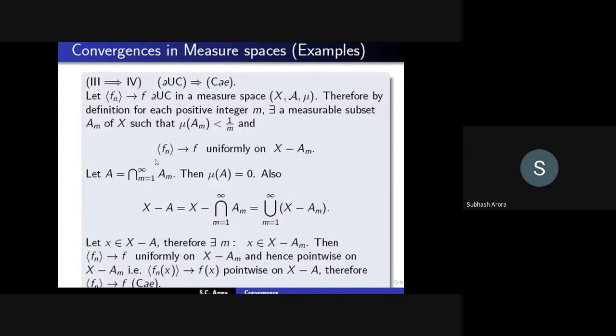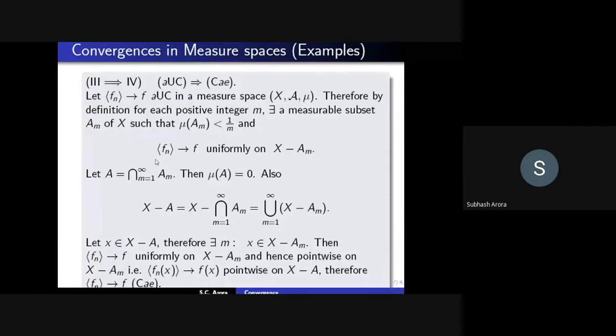Because for every epsilon, we would be finding a subset and taking away a subset A. Let fn converge to f almost uniformly in a measure space (X, mu). Therefore, by definition, for each positive integer m, there exists a measurable subset Am of X such that mu of Am is less than 1 by m, and fn converges to f uniformly on X minus Am.